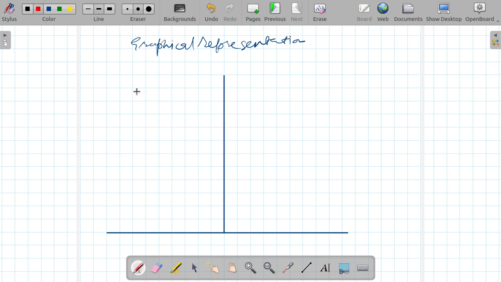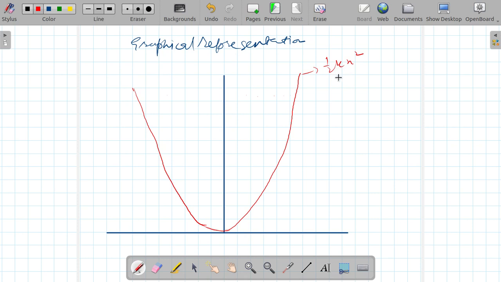So this is a parabolic potential. It is like half k x square.